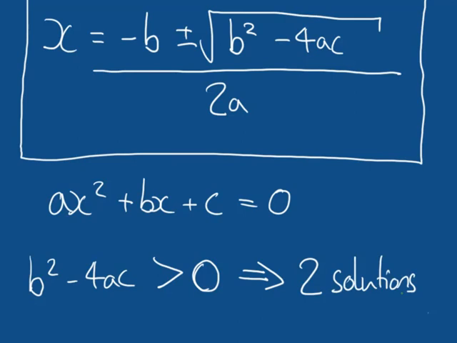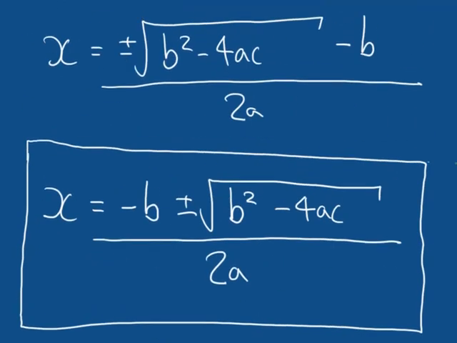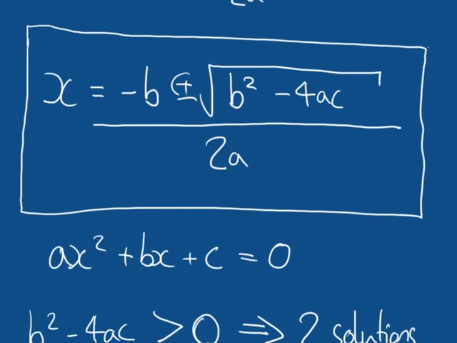Okay, well, what about the other cases where we have just one solution or 0 solutions? Well, notice if b squared minus 4ac was equal to 0, in that case, it doesn't matter whether we add or subtract the square root of 0. In both cases, the square root of 0 is 0. So if we add 0 or we subtract 0, we're going to get the same result.